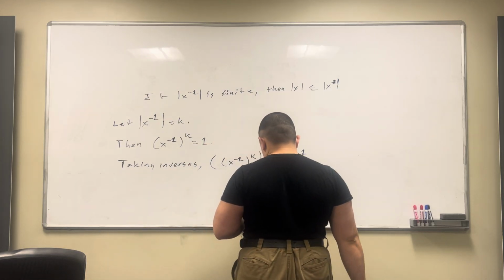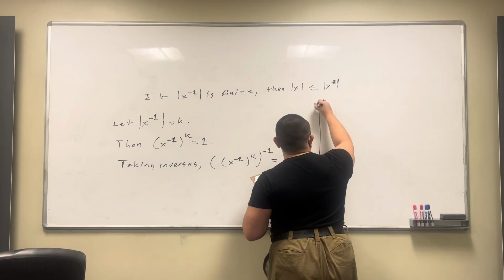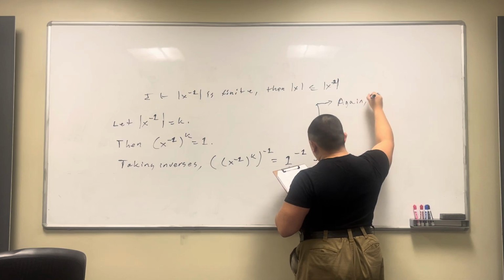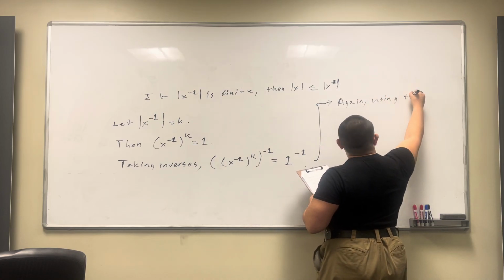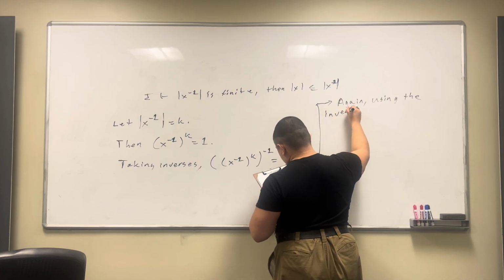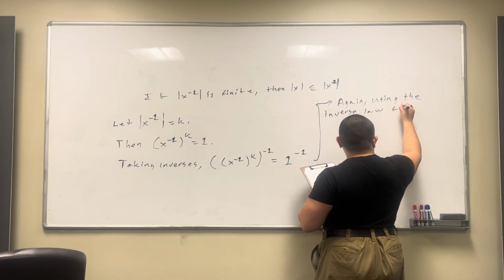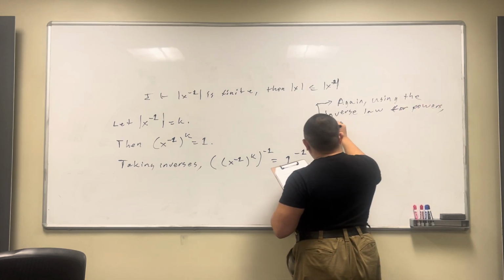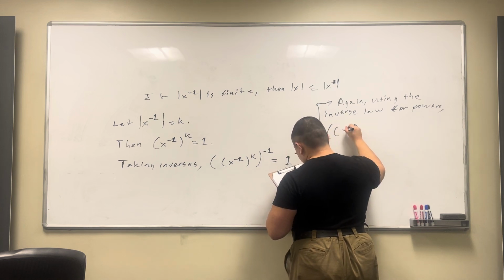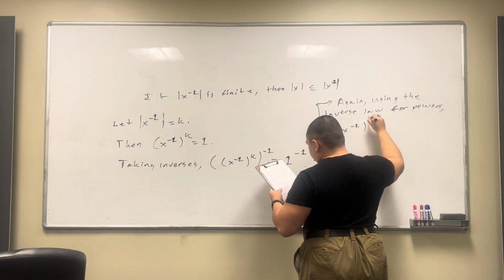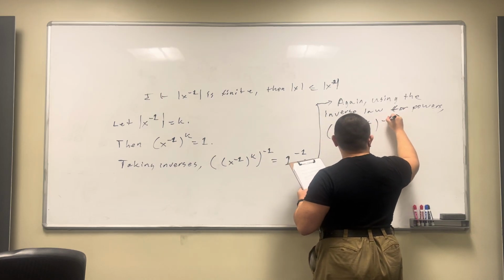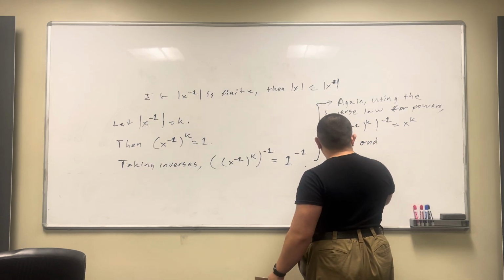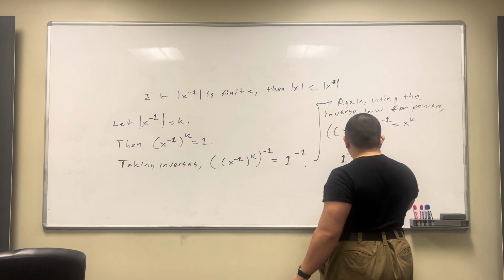Again, using the inverse law for powers, so that trick that we looked at earlier, open parentheses, x to the power of negative 1, close parentheses, to the power of k, close parentheses, to the power of negative 1 is equal to x to the k, and 1 to the power of negative 1 is equal to 1.